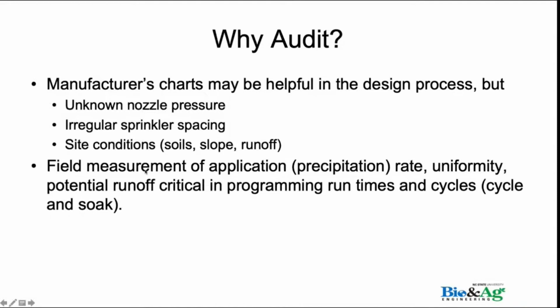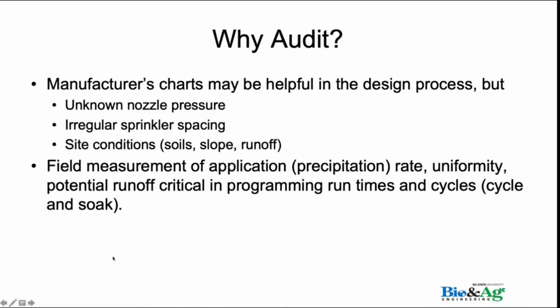Also want to look at potential runoff. So ultimately, we're looking at how we're going to program our run times and cycles. Now we'll stop here and make sure you know that there's a number of cultural reasons or operational reasons that you're going to program irrigations at certain times. And that's because you have traffic or you have sports events, and that all should be taken into consideration.